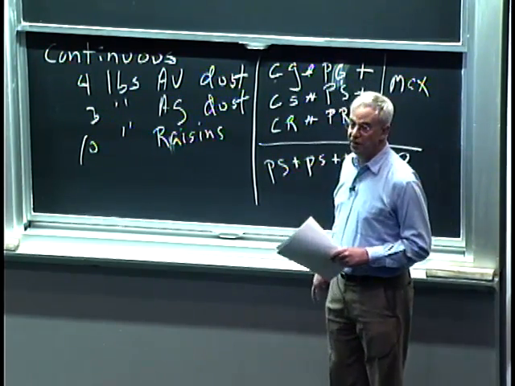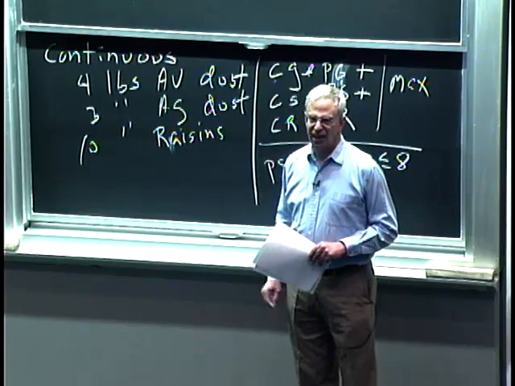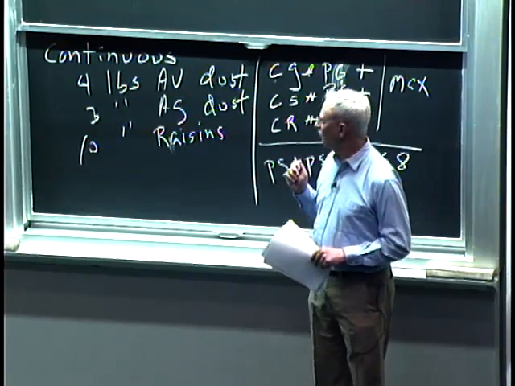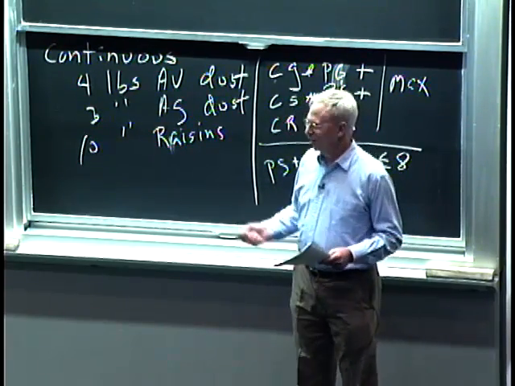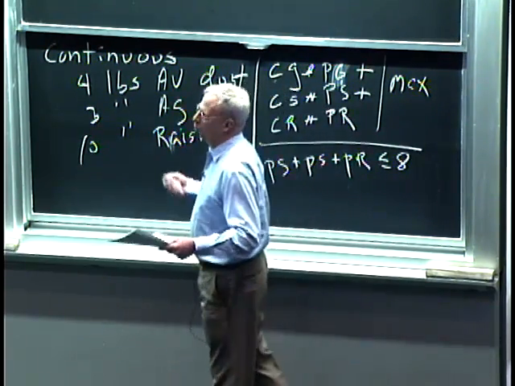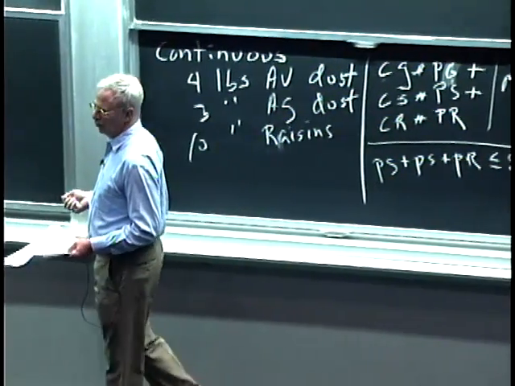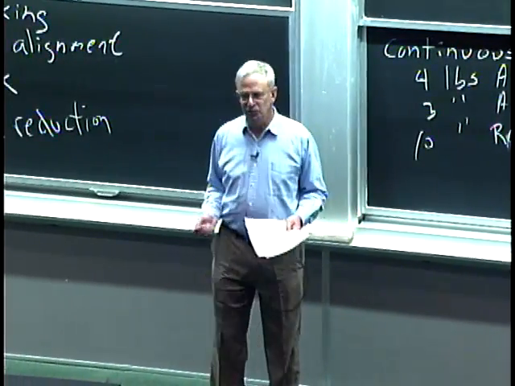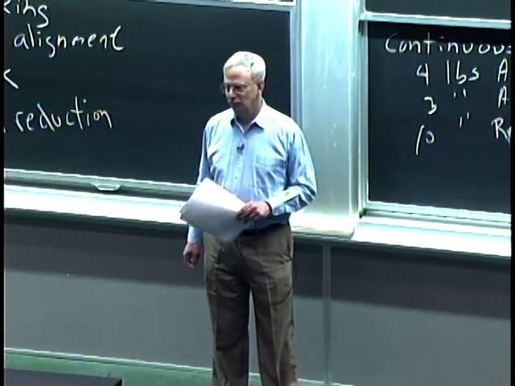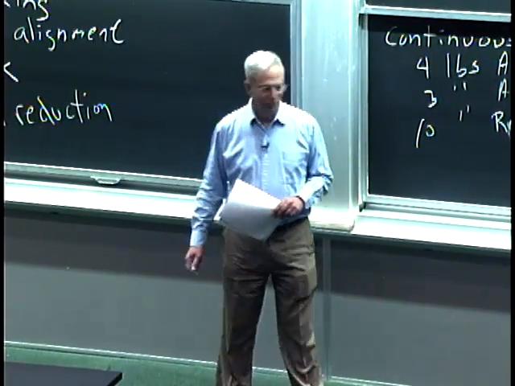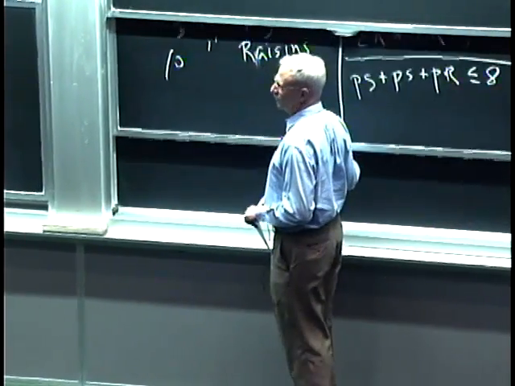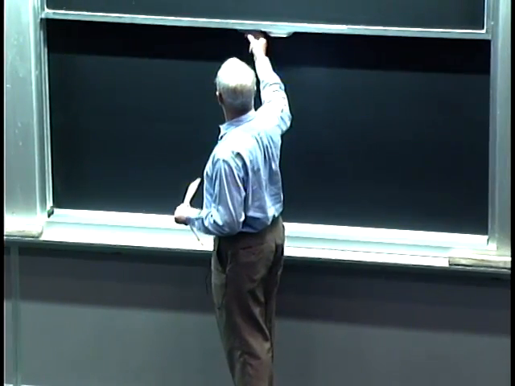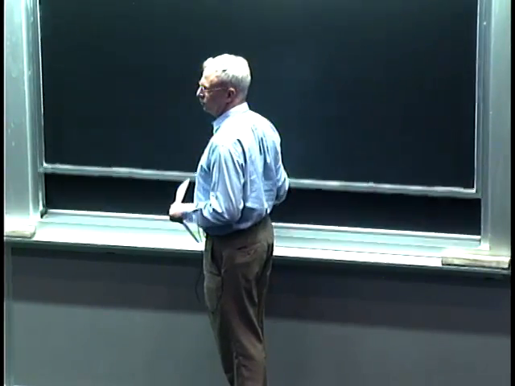Now, the strategy here is pretty clear, as it often is with a continuous problem. What's the strategy? I pour in the gold till I run out of gold. I pour in the silver till I run out of silver. And then I take as many raisins as will fit in and I leave. Right? I hope almost every one of you could figure out that was the right strategy. If not, you're not well suited to a life of crime.